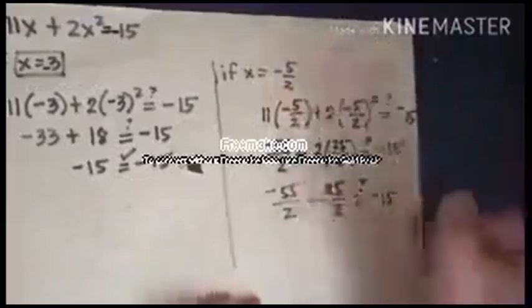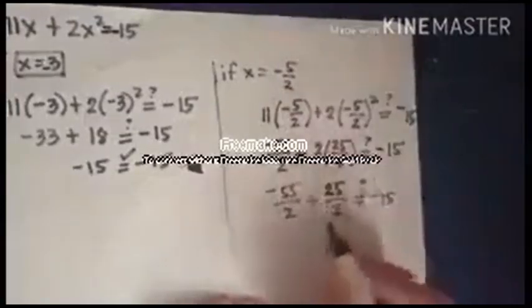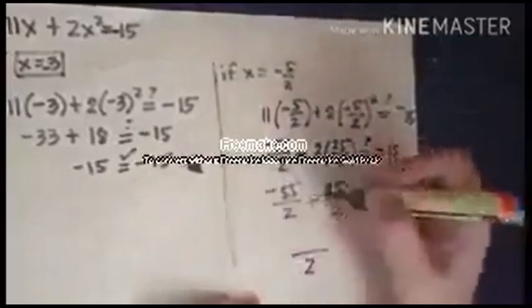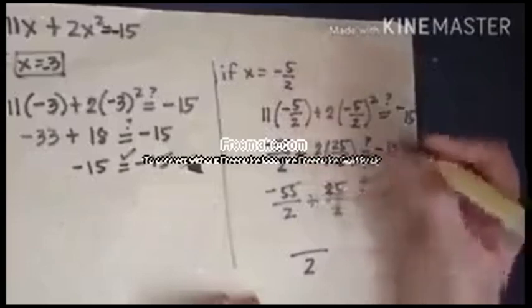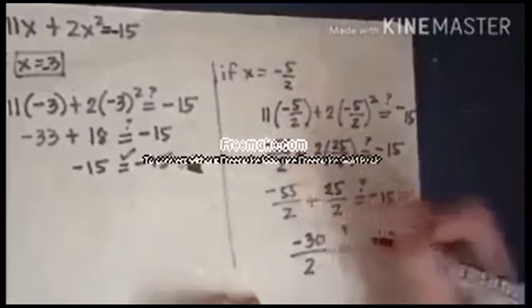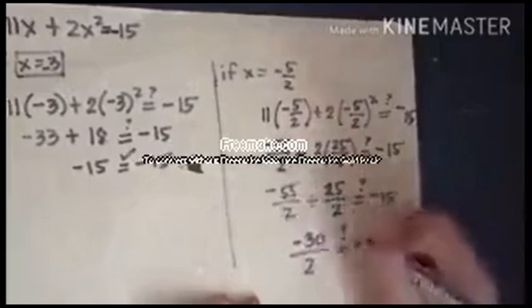Okay, so since these are similar fractions, we can combine them right away. So over 2, negative 55 plus 25 is negative 30 over 2. Copy the common denominator.